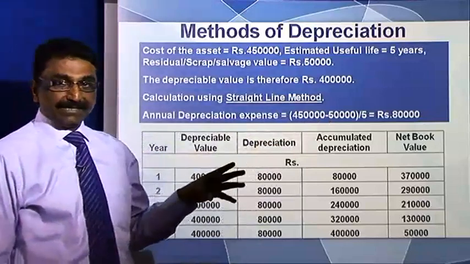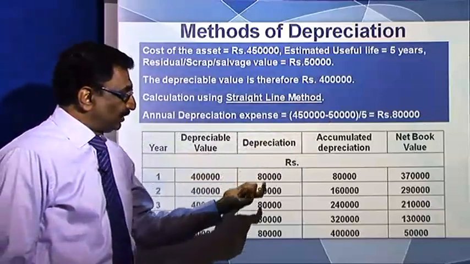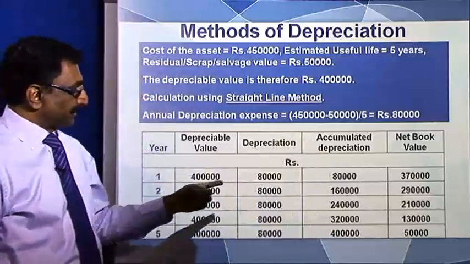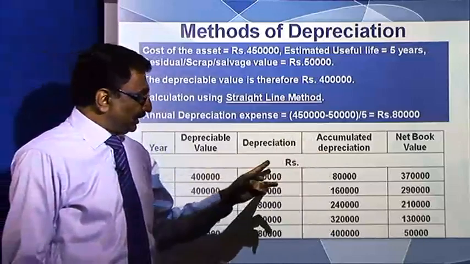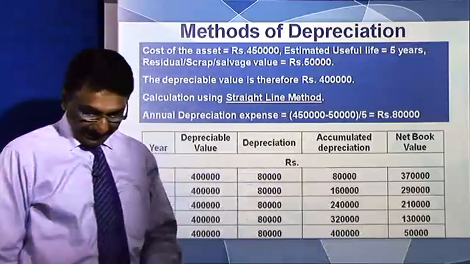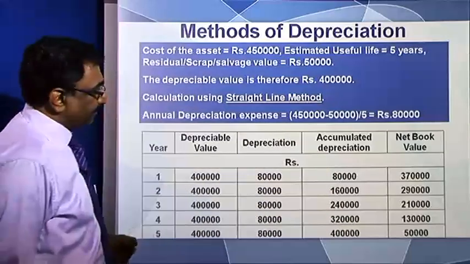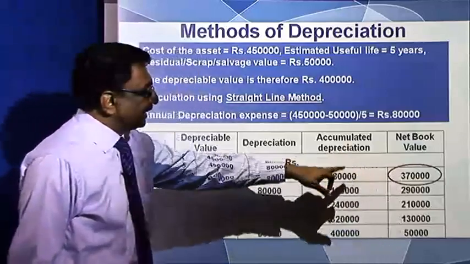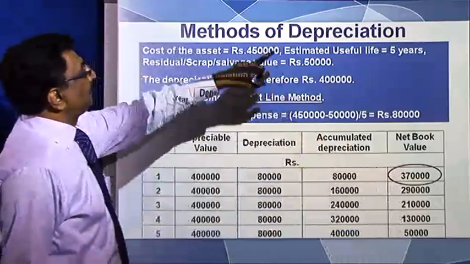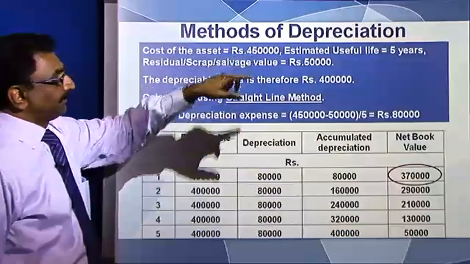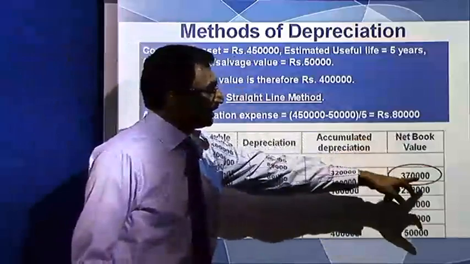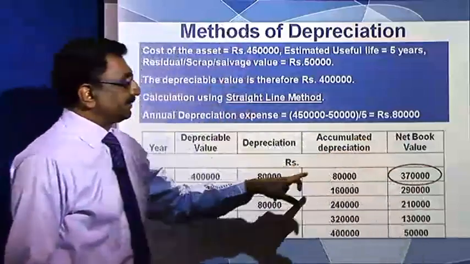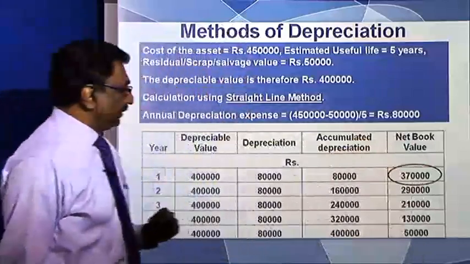The accumulated depreciation is nothing but we are accumulating: at the end of year 1, 80,000 rupees was the depreciation, at the end of year 2, 80 plus 80, we have 1,60,000 as depreciation, etc. Based on this we reduce the accumulated depreciation from the purchase price, which is 4,50,000. We arrive at what is known as the net book value. So purchase price less accumulated depreciation is net book value.